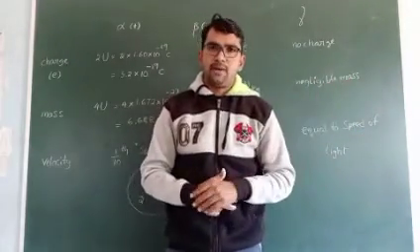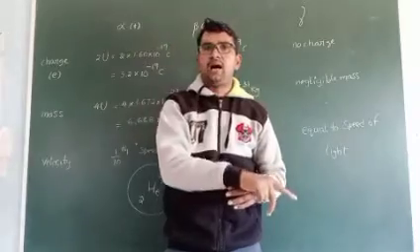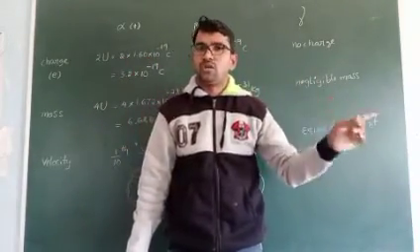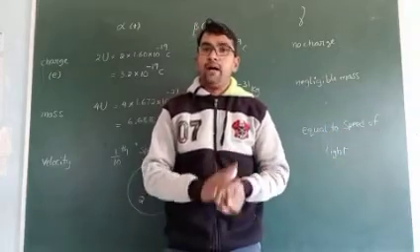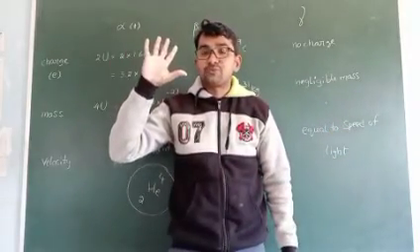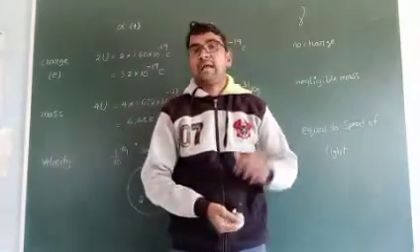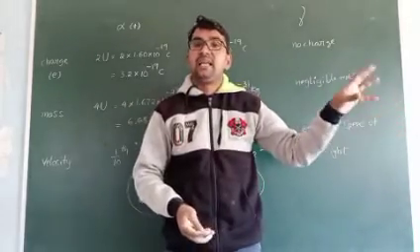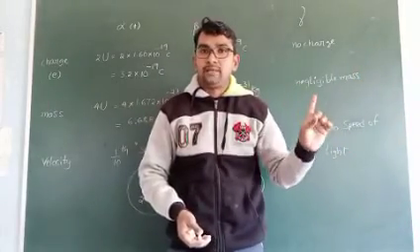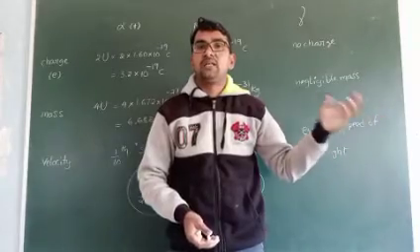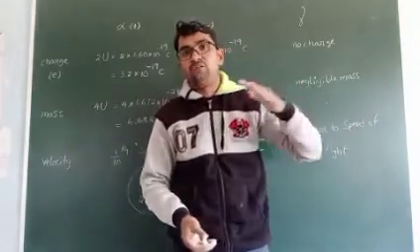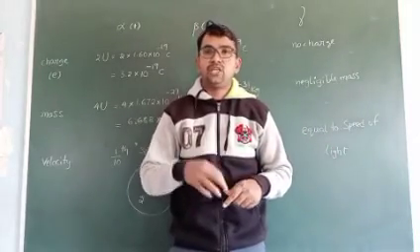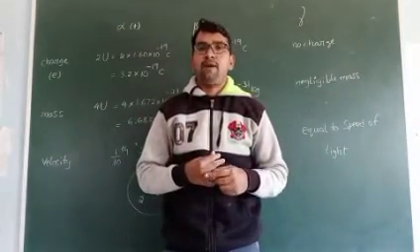Last one, gamma: neutron is a neutral particle with no charge, and gamma is also neutral with no charge. But neutron has mass, whereas gamma has negligible mass. The main property of gamma particles is that they move with the speed of light.